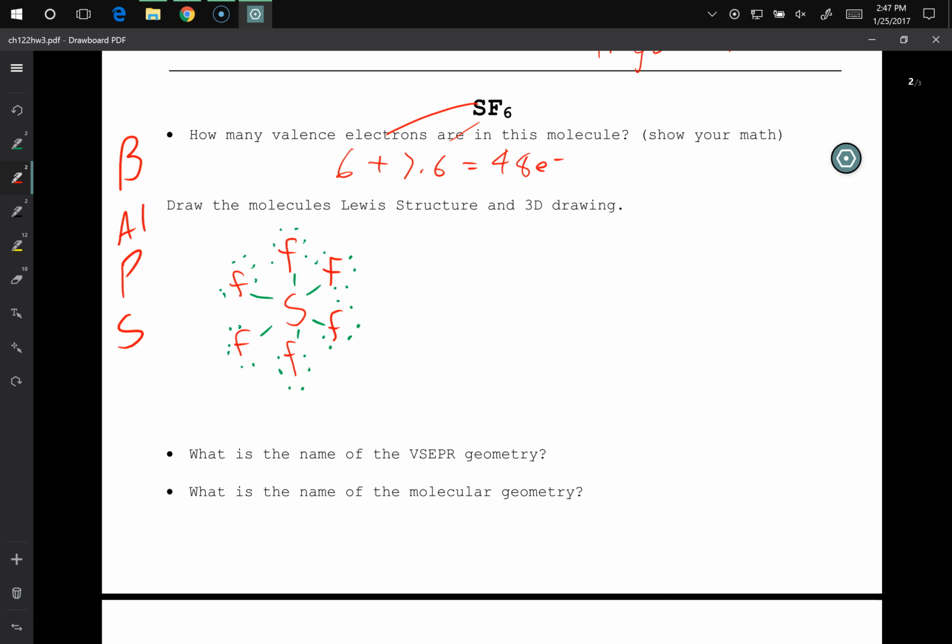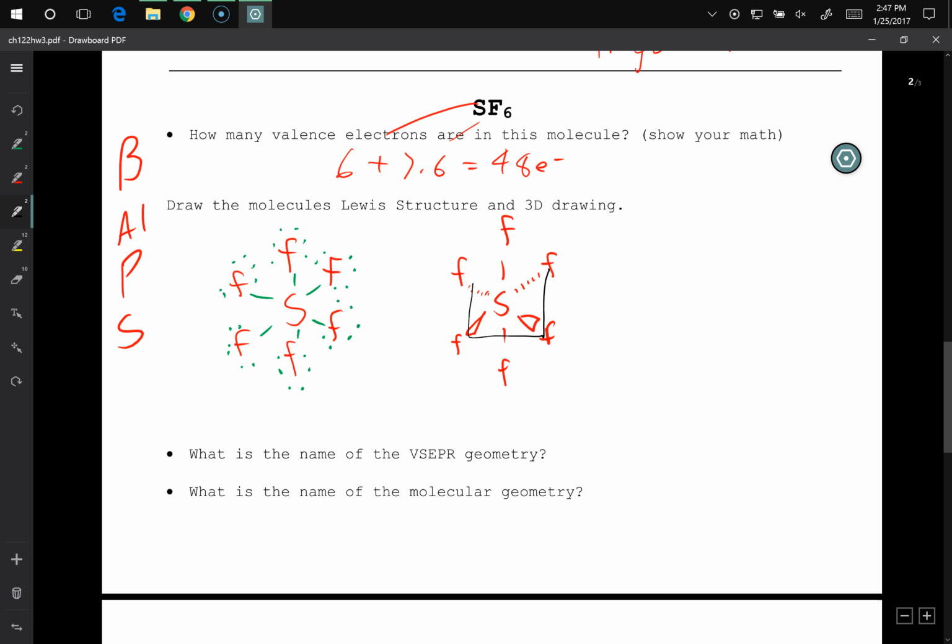Okay, so there's my Lewis structure, and then my 3D drawing for this is going to be sulfur with six fluorines. And what shape do we have with this one? I know my drawing isn't all that obvious, but it's bipyramidal. It's a box, right? Box in the center.